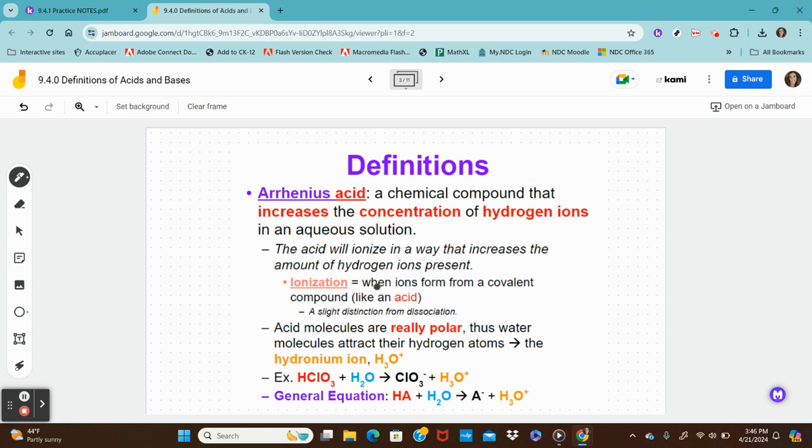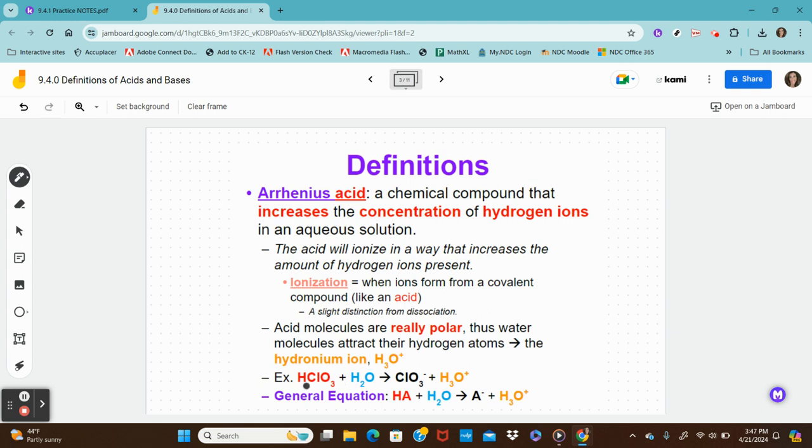And ionization, remember, is when ions form from a covalent compound, which is slightly different from dissociation, that's when it's ionic. And again, acid molecules are really polar, so water molecules attract their hydrogen atoms, and then the extra H plus is going to attach to water, and this becomes hydronium ion, which is H3O plus.